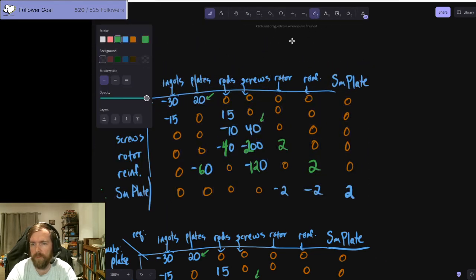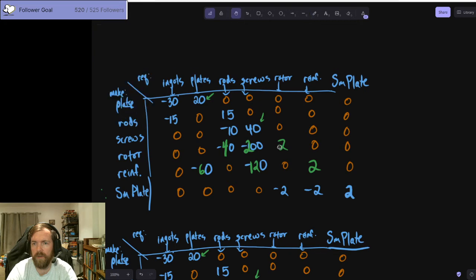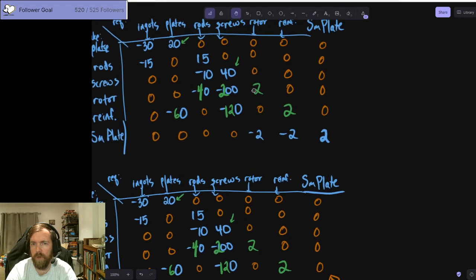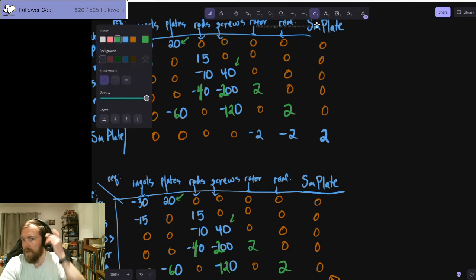Right, we need to multiply row 1 by 3. That needed to be 320. So we need to multiply our screws by 8. My goodness. Alright.